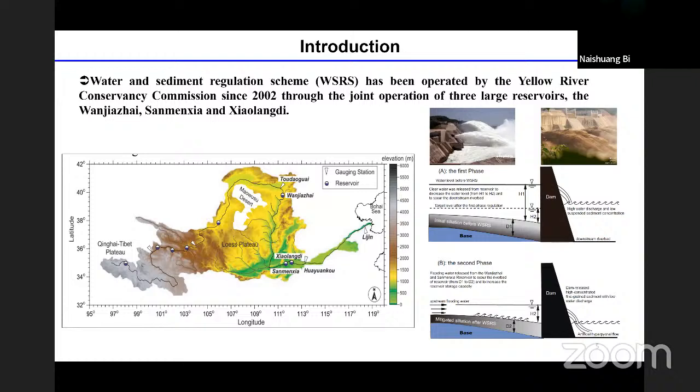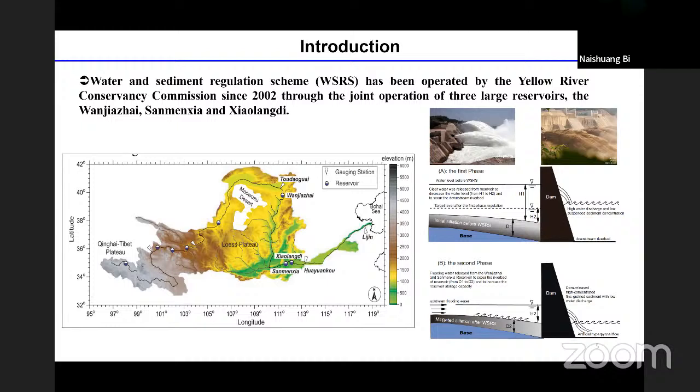In the first phase, Xiaolangdi releases clean water and lowers the water level in the reservoir, and also erodes the sediment in the riverbed. So in phase one you can see very clean water.